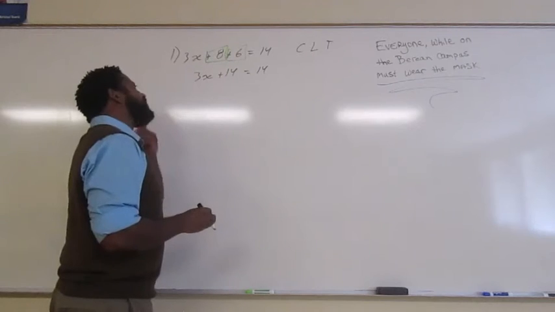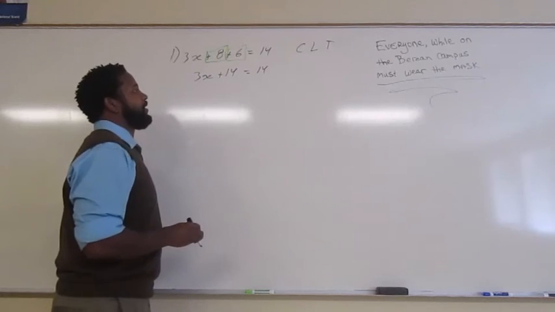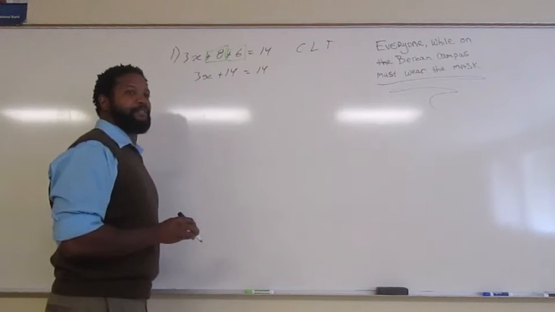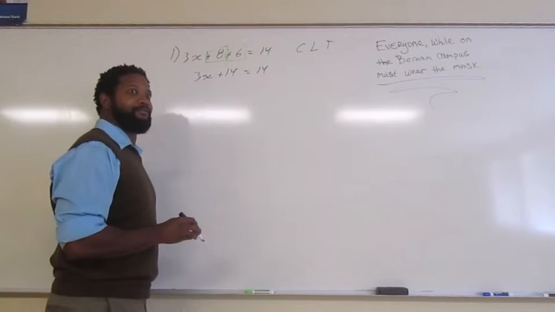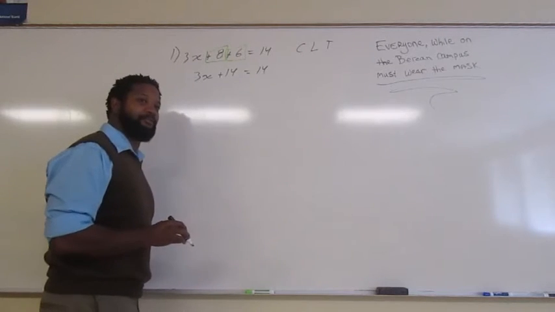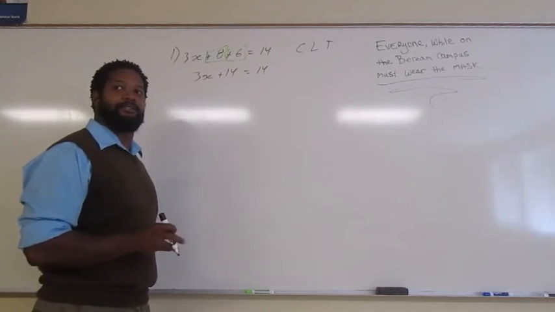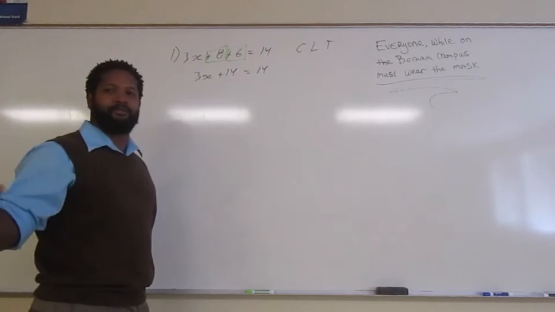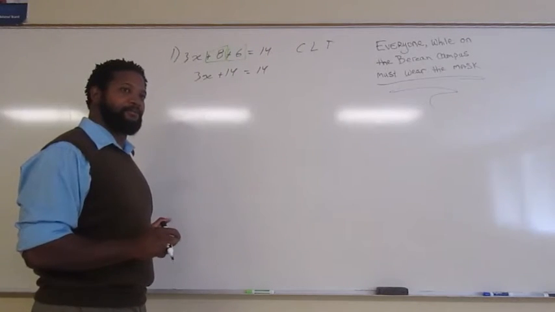Okay. So, we got 14. How are we going to get the 3x by itself? Morgan? Honda? How are we going to get the 3x by itself? You divided the 14.